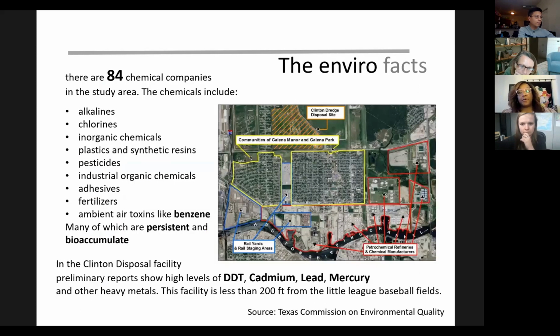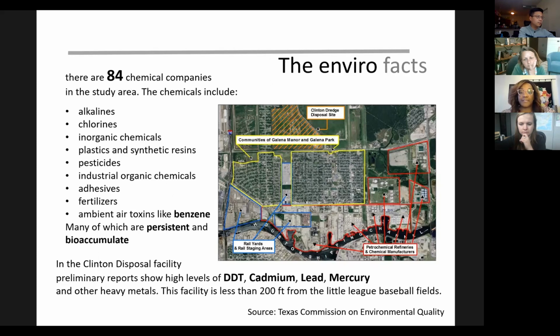There are 84 chemical companies surrounding this 5 square mile community. The soil in the dredge dumping site tested positive for high levels of DDT, PBTs, lead, cadmium, and other heavy metals. Those heavy metals can leach to other areas during severe rain events.